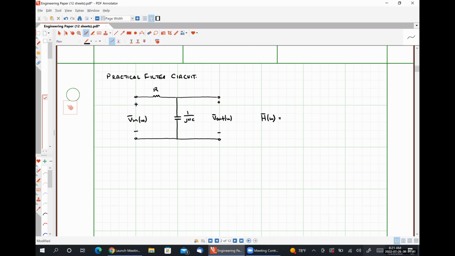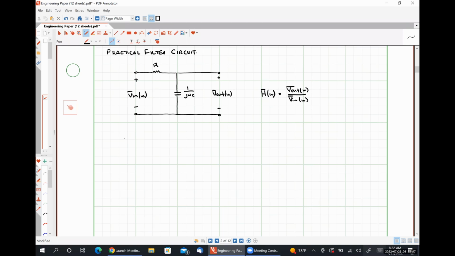This is a ratio that is simply made of V out of omega divided by V in of omega. So we can really think of this transfer function as kind of like a frequency dependent gain for our system, right? Or frequency dependent voltage gain very specifically, because we're looking at output voltage over input voltage, okay?